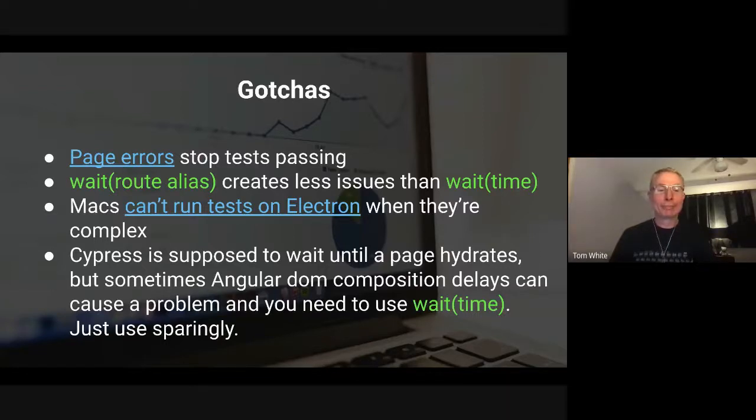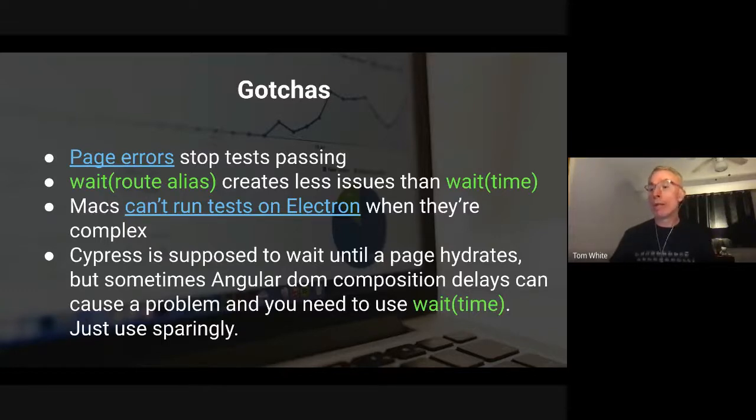Right. The next bullet point is that waiting for a route alias creates fewer issues than waiting for a set time. I'm going to show you some syntax shortly, and you'll get the gist of it. There is a command called wait within Cypress, and it allows the page to hydrate or spend some time if you've got a spinner or that kind of thing. You can set an amount of milliseconds to wait.